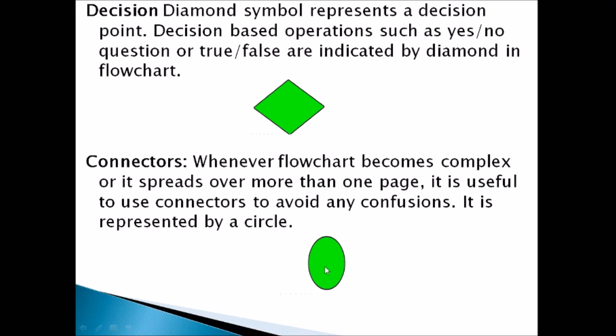Within this we can give a connector label such as A, B, C, likewise. Okay, and if we give A at the bottom of one page, then the continuation of this flow chart should be represented on the top of the next page with the same connector. If we give A in this page, the top of the next page should have the A within a circle, and then we continue the flow chart. So likewise we are going to use the circle to connect the flow chart from one page to another page.